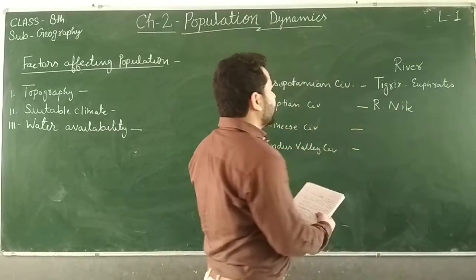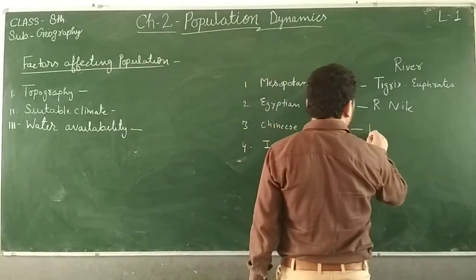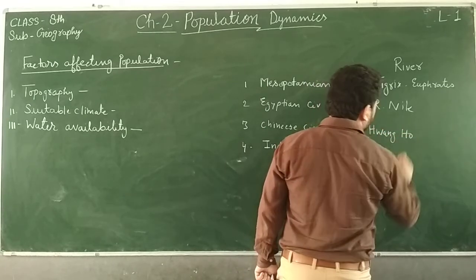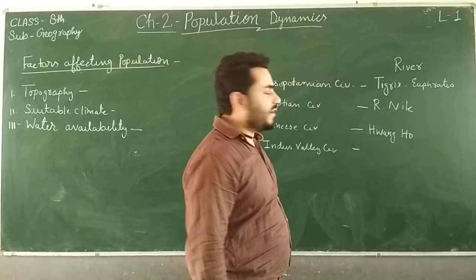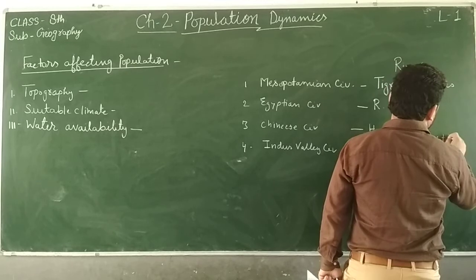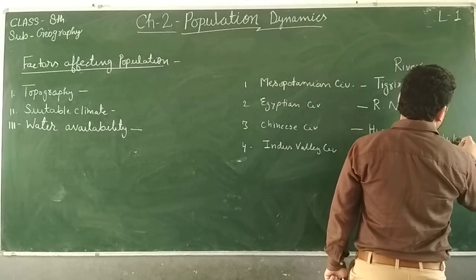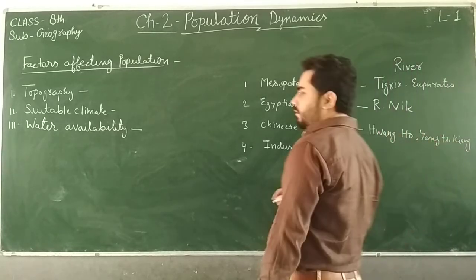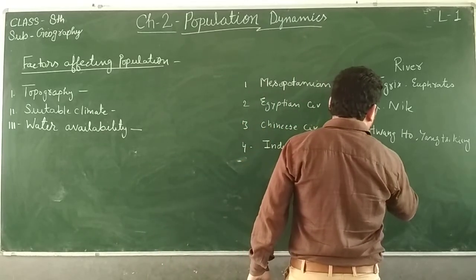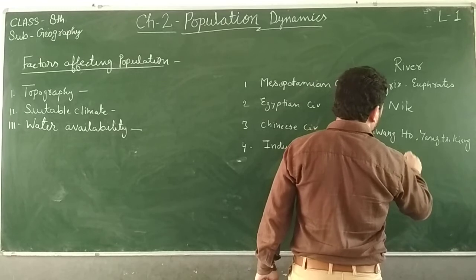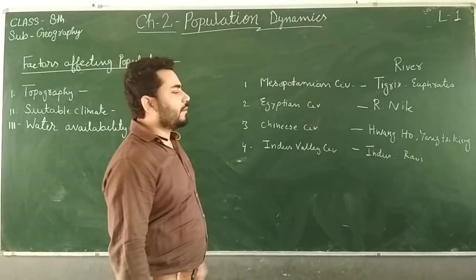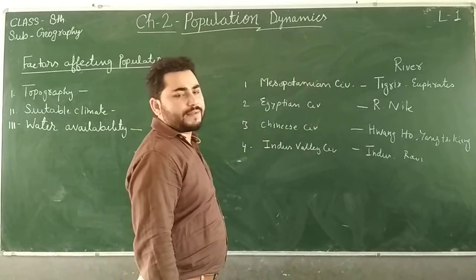Okay, and Chinese civilization near Huang He, Yangtze Kiang and Sikiang river. Okay, then Indus Valley near river Indus and Ravi, right? Clear? So rivers were there.